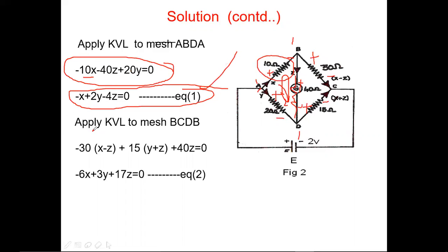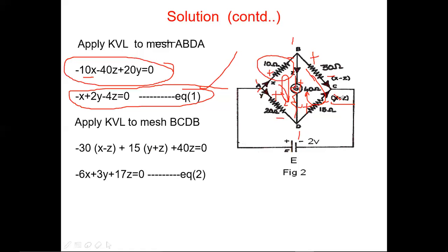Then I am going to apply KVL for the loop BCDB. This is B, C, D, B. For this, again you need to follow the independent branch. From the independent branch, the loop currents are clockwise. The leaving sign is minus 30 with current x minus z, and the leaving sign is plus 15 with current y plus z.